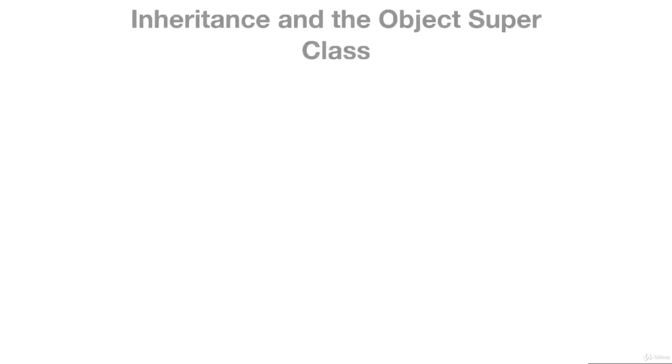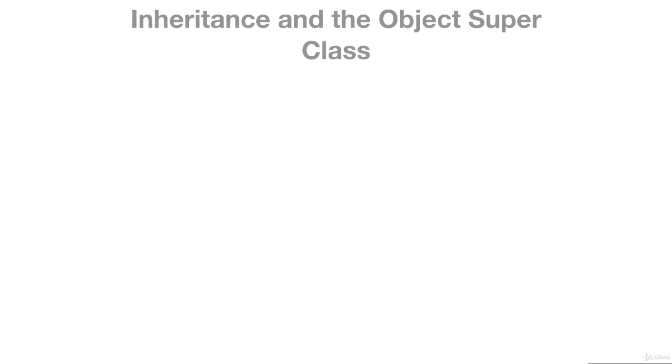Now, inheritance and the object superclass. So this is what I want you to understand: when you talk about a library in any object-oriented programming paradigm, there's always a parent class, just like animal as the parent of all other classes at the bottom, which everybody inherits from.